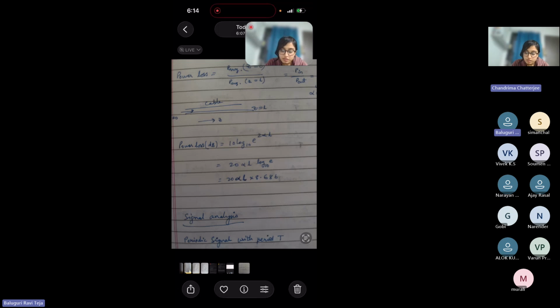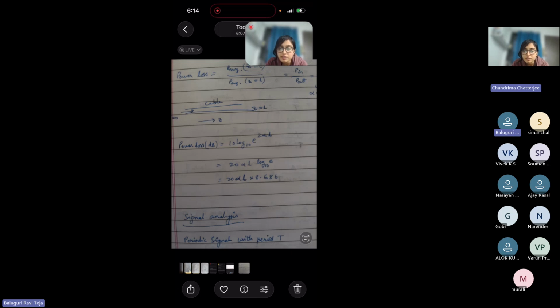So just a second. You were telling that with this log 10, there is some confusion, right? Yes, log e to the base 10. In the class, it was explained as 8.686. I think there is some confusion. If you just multiply 20 with log 10 e, this figure comes to 8.68.